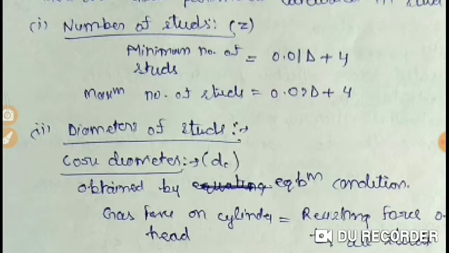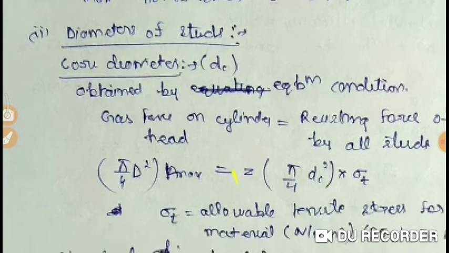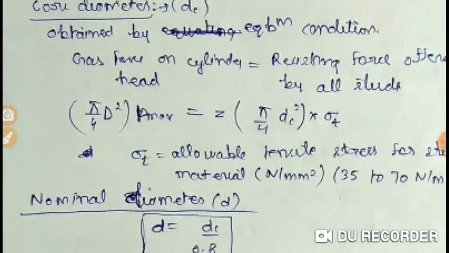So these are the different values of the number of studs that are to be prescribed for the cylinder. Now how do we calculate the diameter of the stud, that is the dimension of the stud? First is the core diameter dc. As you already know, it is a screwed member with threads on it, so it will have a core diameter and a major diameter.